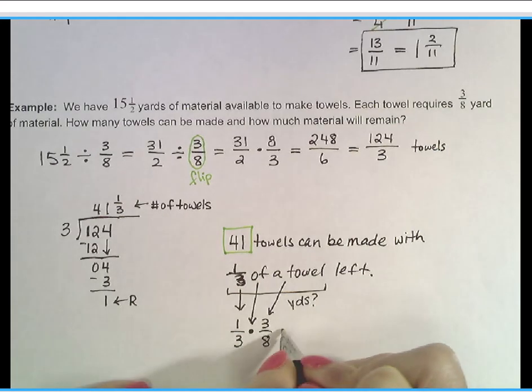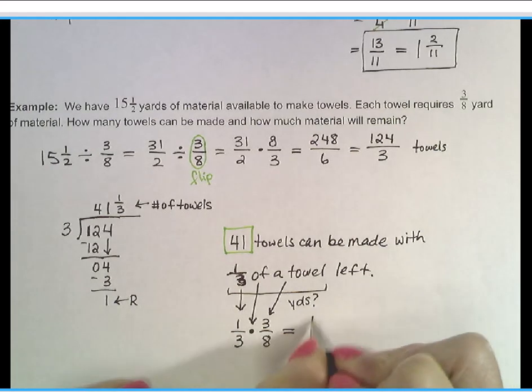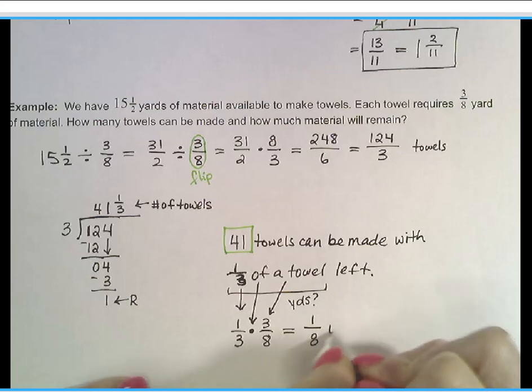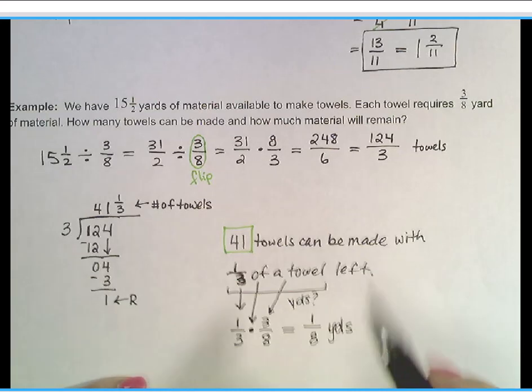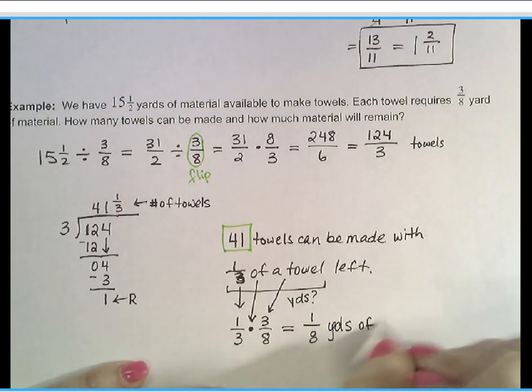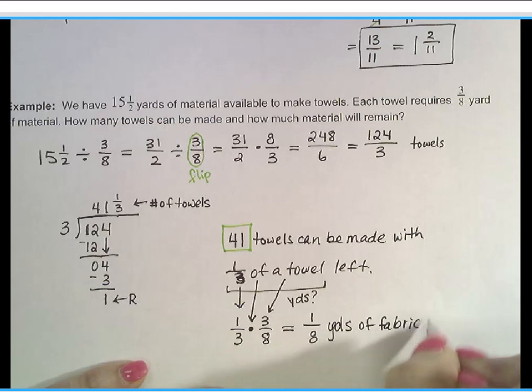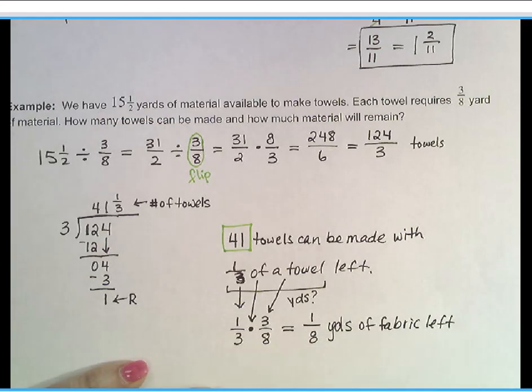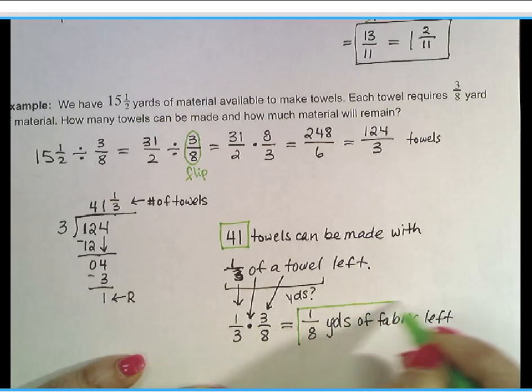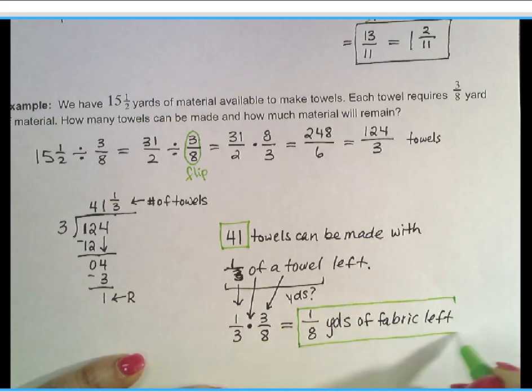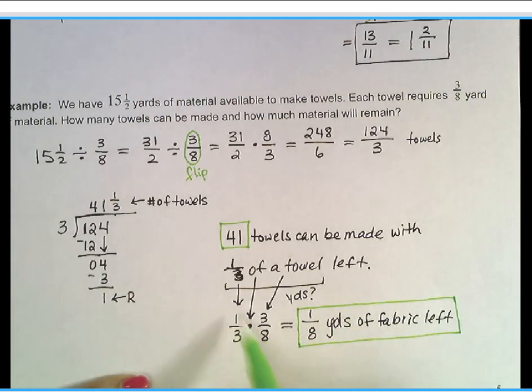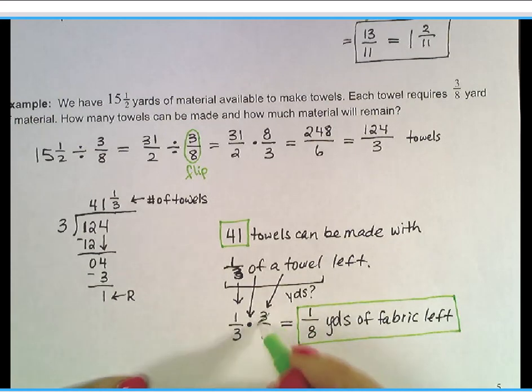Well, when you multiply those, do you see the 3's will cancel? And this will leave you with 1/8 yards of fabric left. Enough fabric for 1/3 of a towel. And what is 1/3 of a towel? It's 1/8 of a yard of fabric.